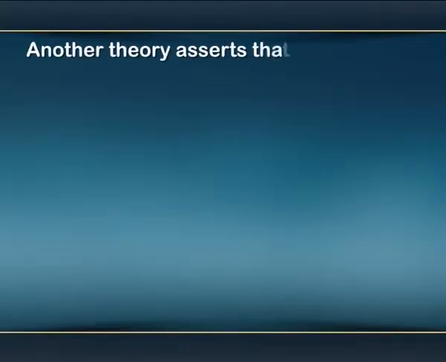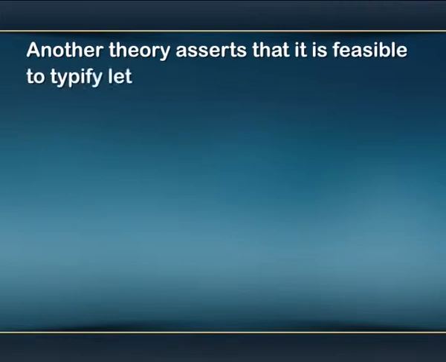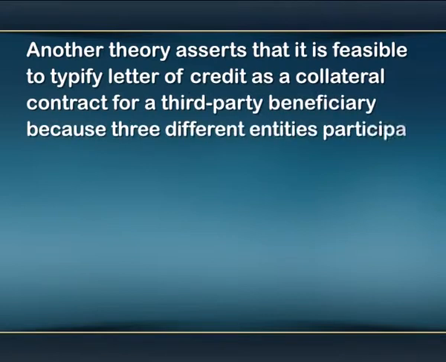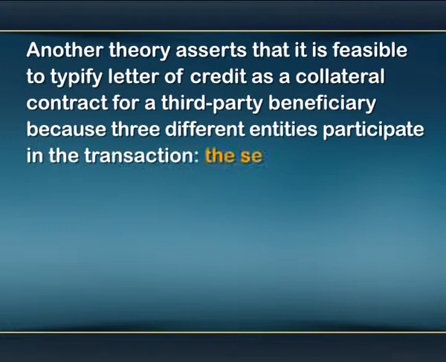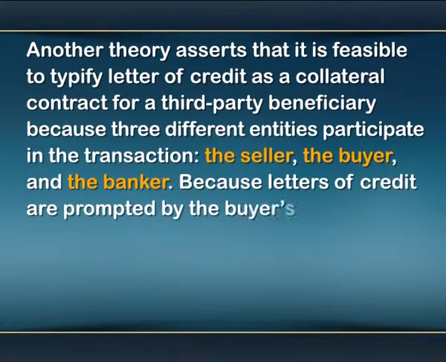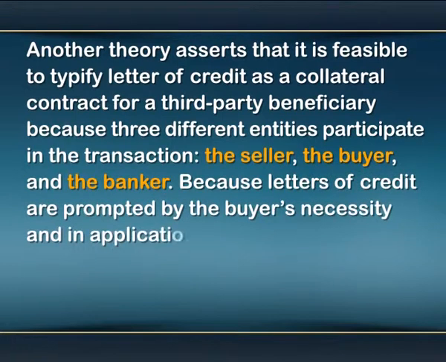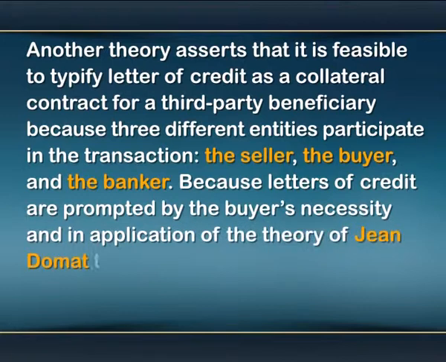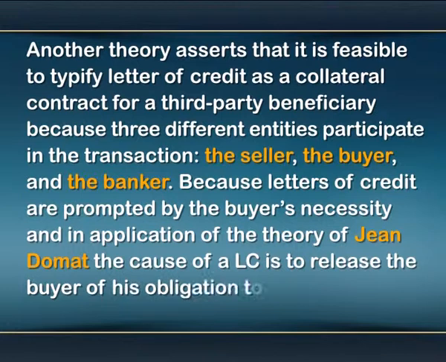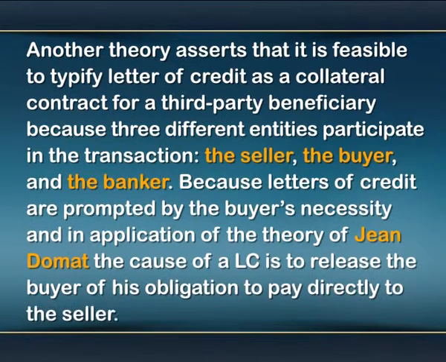Another theory asserts that it is feasible to typify a letter of credit as a collateral contract for a third-party beneficiary, because three different entities participate in the transaction: the seller, the buyer, and the banker. Because letters of credit are prompted by the buyer's necessity, and in application of the theory of Jean Domat, the cause of an LC is to release the buyer of his obligation to pay directly to the seller.